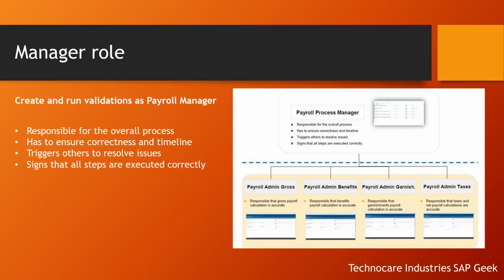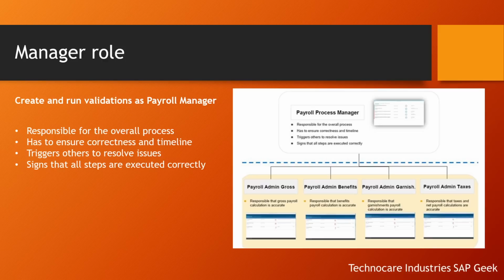So here you can see a manager role. What a manager does is he will create and run validations as a payroll manager. So what are the responsibilities of a payroll manager? He is responsible for the overall process. He has to ensure the correctness and the timeliness of payroll.